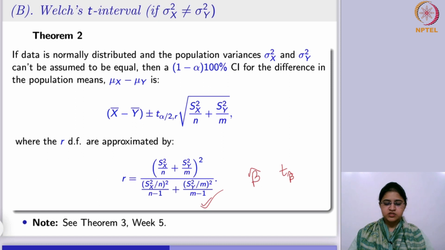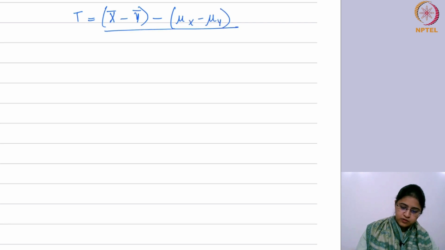It is very simple, on the same lines as we have done earlier. Let me show you. Here we have t, which is x bar minus y bar minus mu x minus mu y, over the square root of sx square over n plus sy square over m.